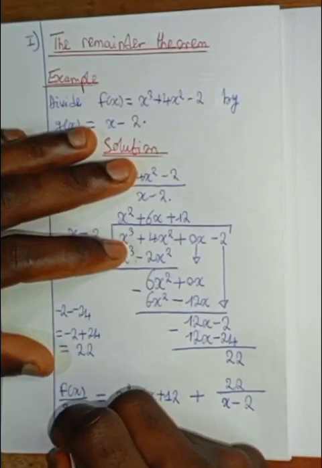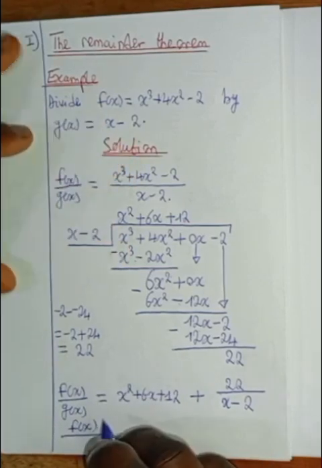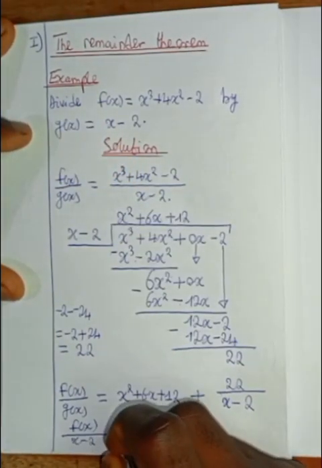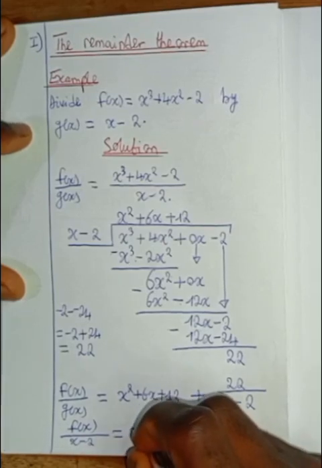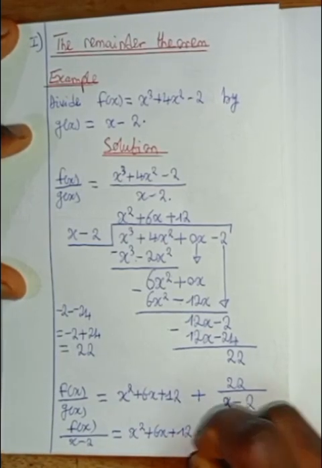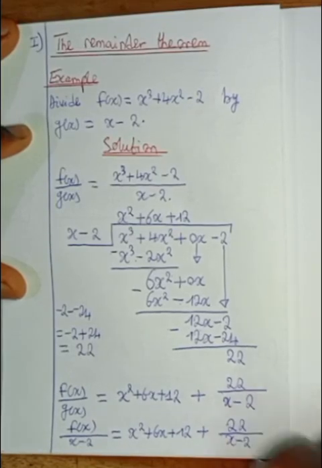We know this is the same as f of x all over, we know g of x is x minus 2, is the same as x squared plus 6x plus 12 plus 22 over x minus 2.